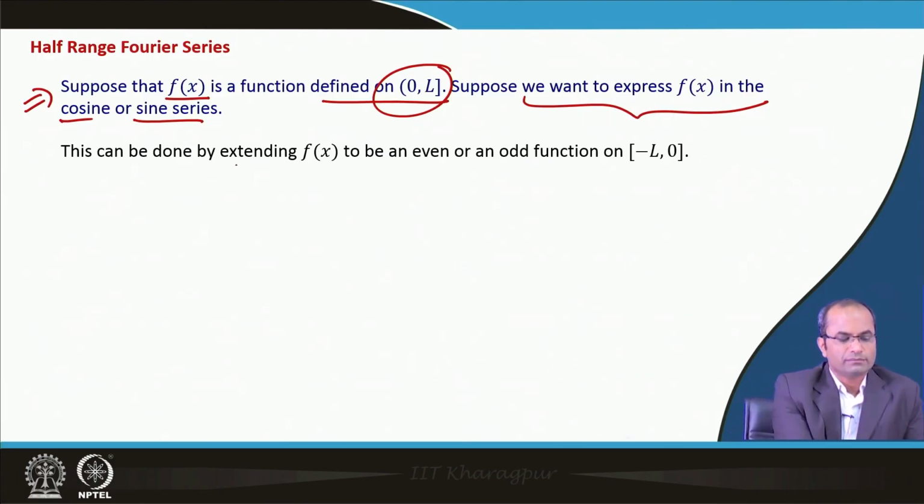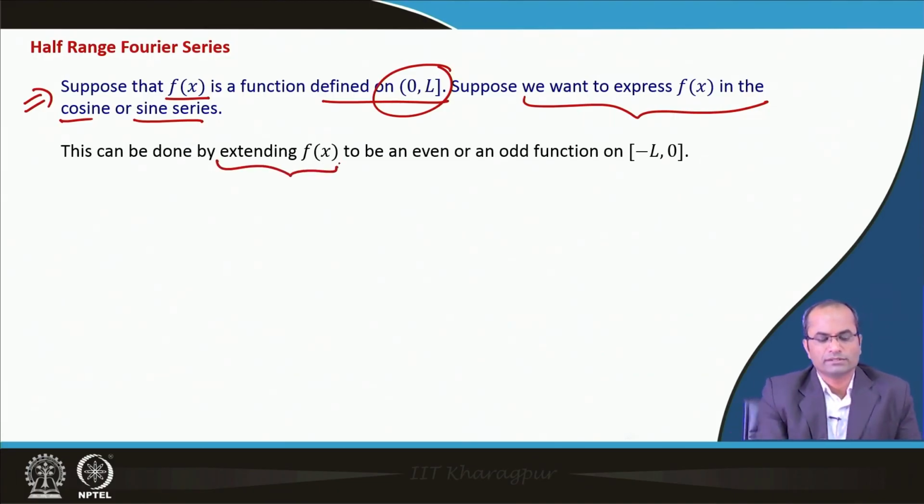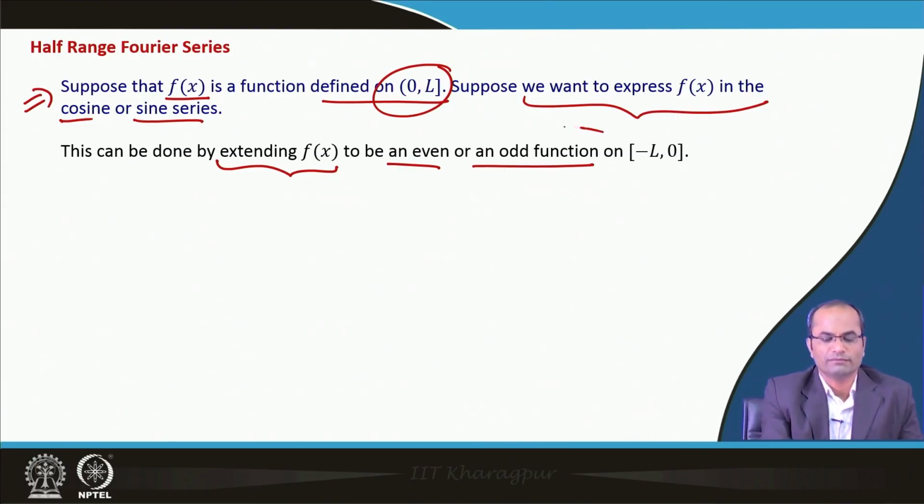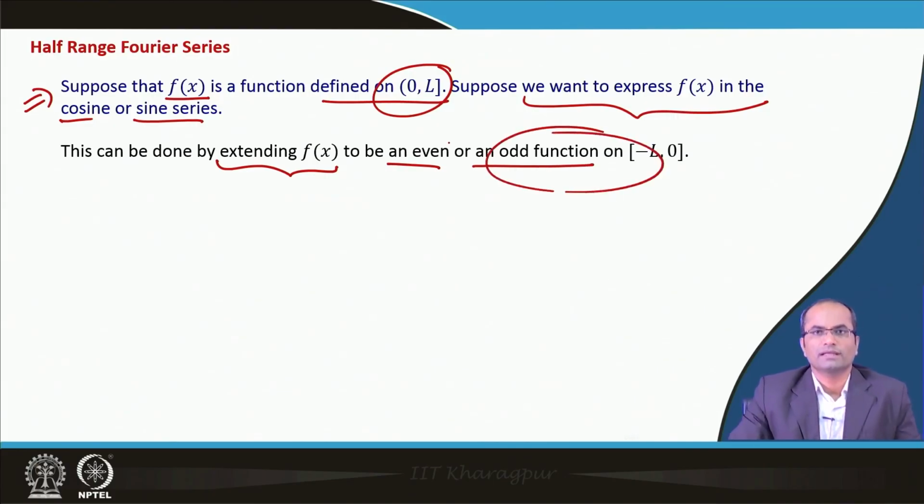This can be done by extending this f x to an even or an odd function, and this is exactly the idea which will be used now from the previous lecture, that once we have an even function, then its Fourier series will have only cosine terms, and when we have an odd function, then its series will have only the sine terms.